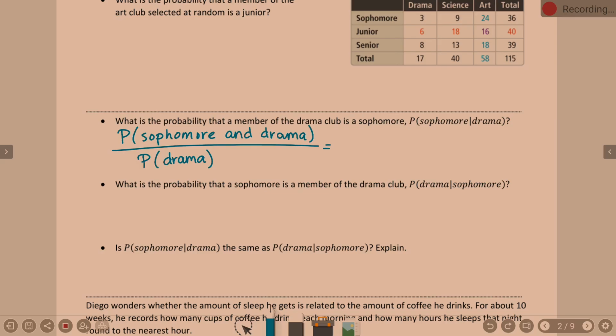Now, the shortcut. Don't worry about probability, just, okay, what do you know about students that are sophomores and in drama? Okay, but I'm going to skip the 17 on this one. Okay, sophomores in drama? No, just the 3. I'm just trying to get you to how many students are in drama and sophomores.